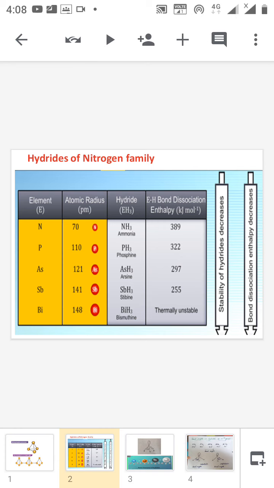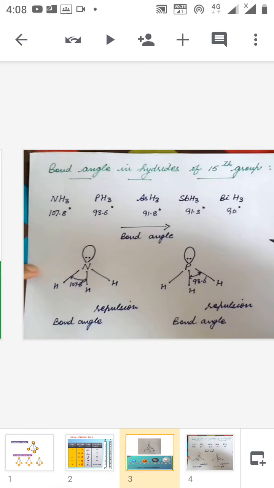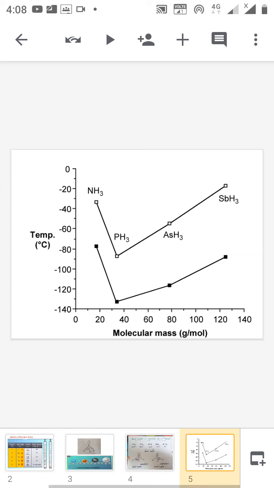Then we move into the boiling point. See here in the graph, ammonia has the greatest boiling point, and as we move down to phosphorus it is very low, and for arsenic and antimony it is higher.